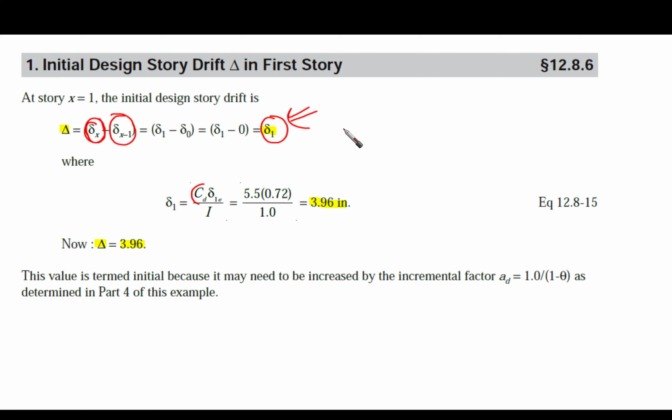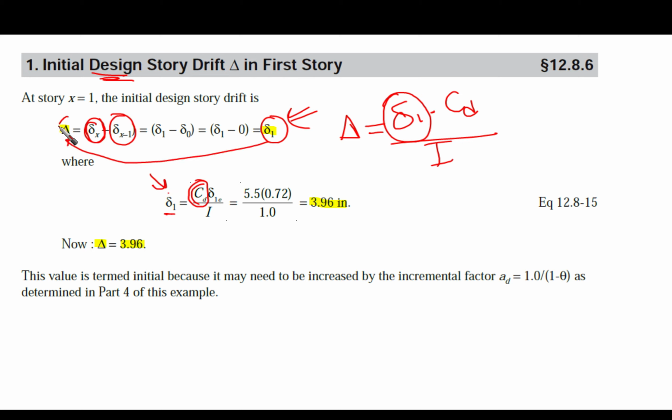So delta, which is the design story drift, we're talking about the design story drift, should equal delta 1, obtained from elastic analysis, times CD obtained from the tables, over the importance factor. And this is what we are having here. So this is delta 1. It seems that he is using delta 1 as the designation for the design story, for the inelastic. So now delta 1 equals delta 1 elastic times CD over I.